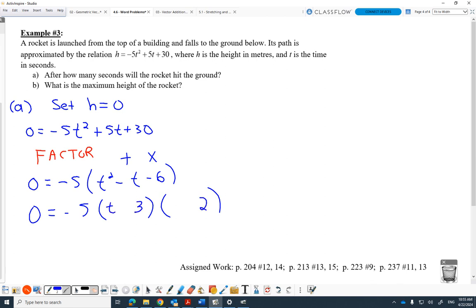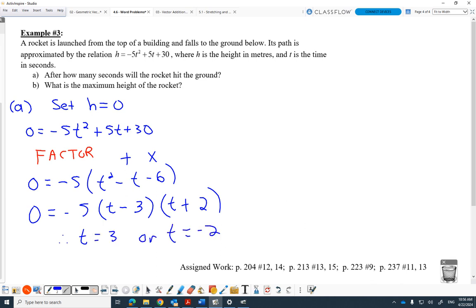When people get to this point with factoring, they go, well, I know it's 3 and 2. 3 times 2 is 6. But which one's the minus? -3t plus 2t? You just play around with it until you get the right numbers. So therefore, t equals 3 or t equals -2.